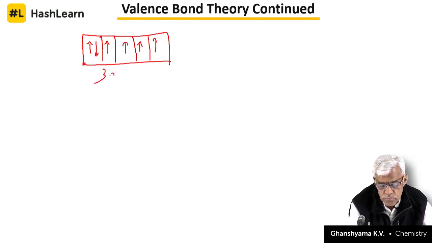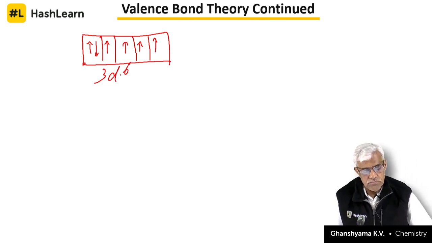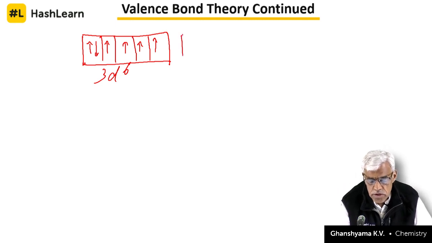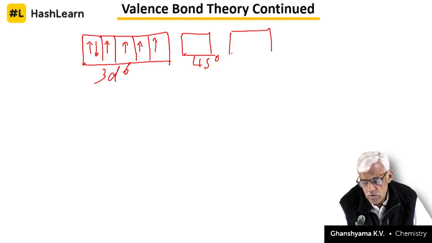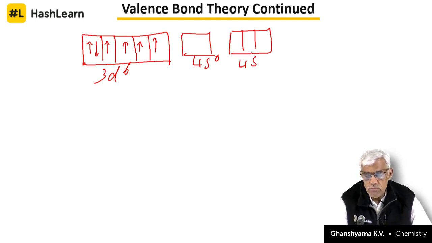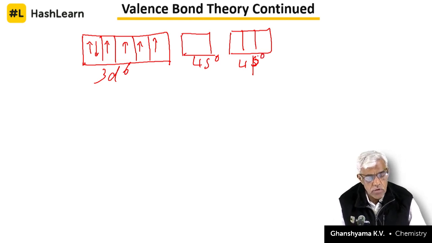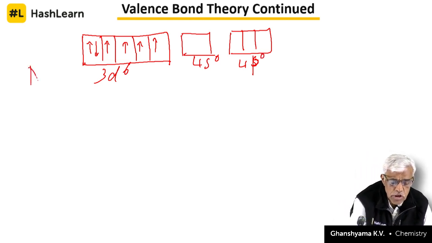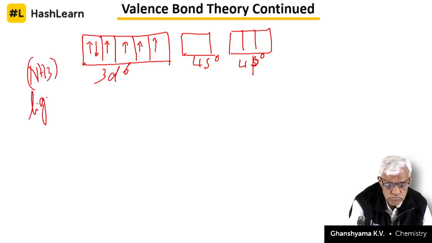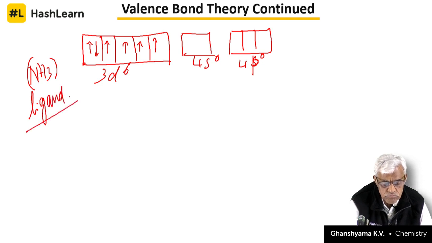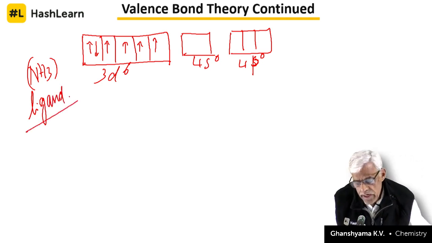In 3d6 there are 4 unpaired electrons, and then you have 4s, that is 0, and 4p, that is 0. In this complex, ammonia is the ligand. It's a strong ligand.